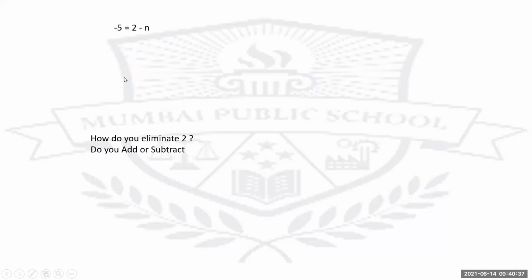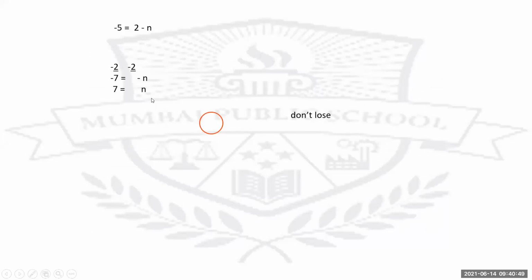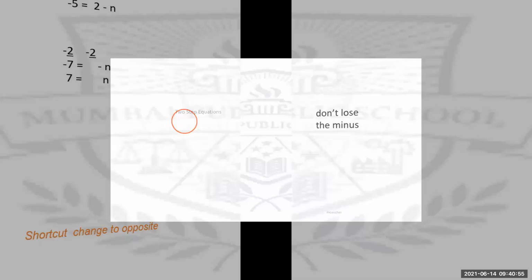How to eliminate 2? Do you add or subtract? Check. Minus 2 on both these sides. So you get minus 7 equals to minus n. So 7 equals to n. Shortcut, change the opposite sign.